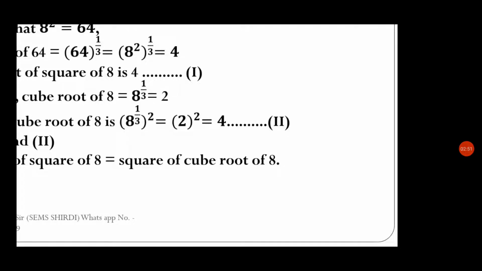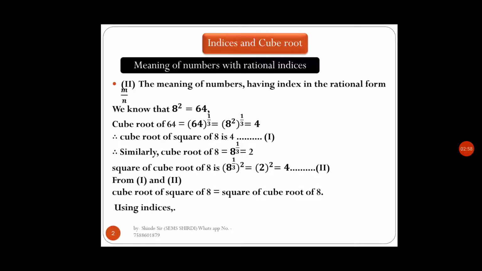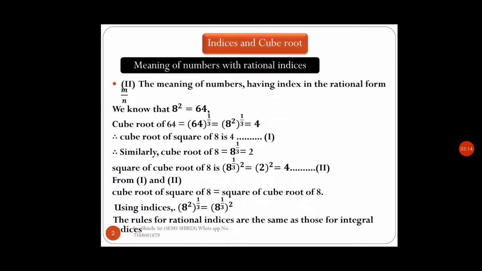Okay. Using indices, 8 square bracket raised to 1 by 3 is equal to 8 raised to 1 by 3 raised to square. The rules for rational indices are the same as those for integral indices.